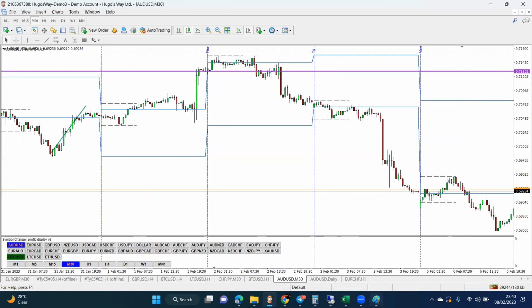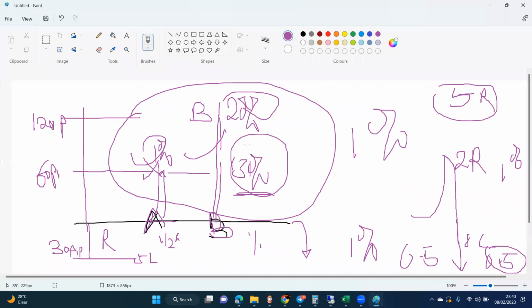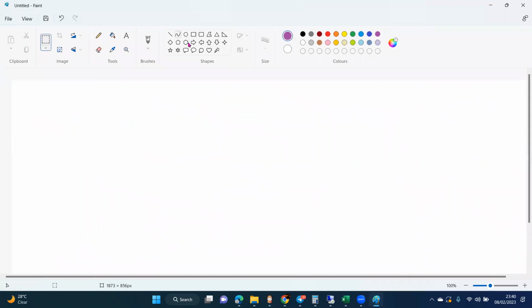But I'll show you what that does for me. I guess I inadvertently placed a trade here. Let me delete that. So I'll show you what that does for me here. So when I'm trading and I have something like this, the daily is still bearish.